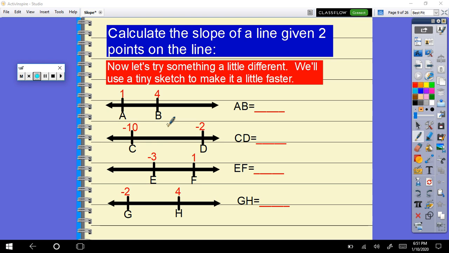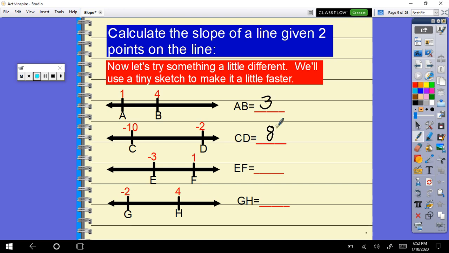Now, if I ask you to count on the number line from 1 to 4, would you see that it would be a total of 3 steps? Well, what about if I ask you to count from -10 to -2 or from -2 to -10 on the number line? Do you see that it would be a total of 8 steps?